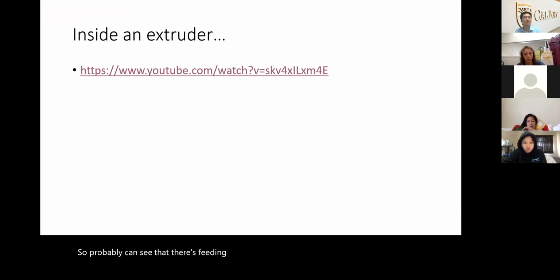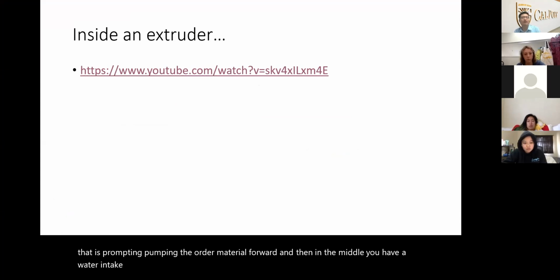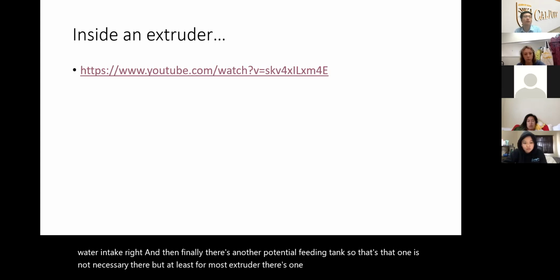At the very beginning, and then there's a screw that is pumping all the material forward. And then in the middle, you have a water intake, right? And then finally, there's another potential feeding tank. That one is not necessarily there, but at least for most extruders, there's one feed tank and one water feed.